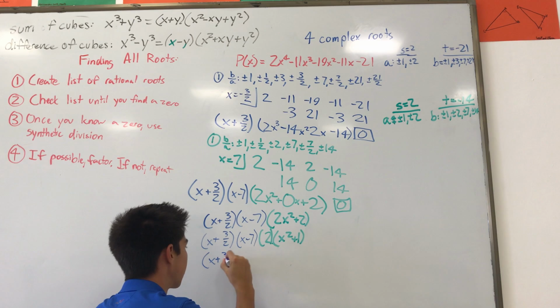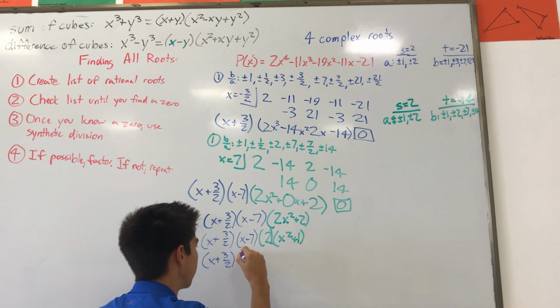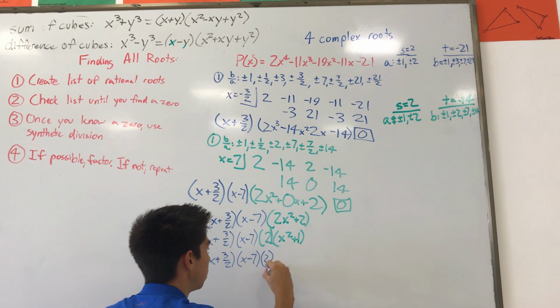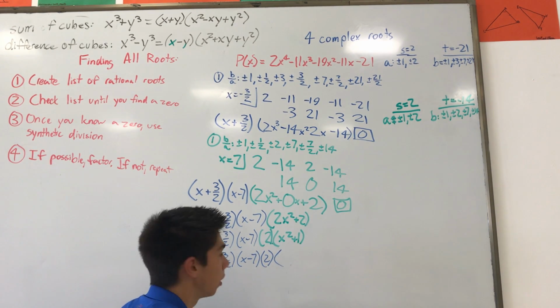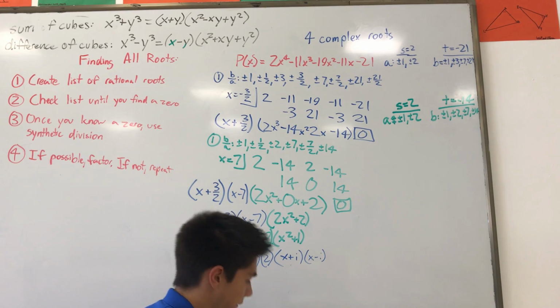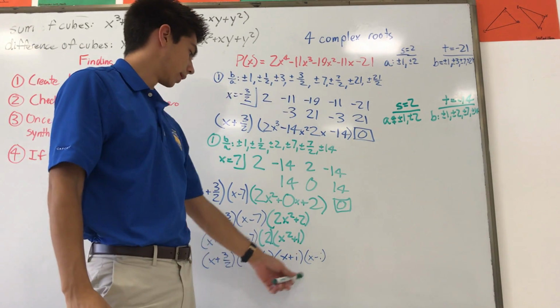So you can leave it like this. This is perfectly fine for what you guys are doing. X minus 7, and then 2, and then x squared plus 1 is just x plus i times x minus i. So if you did enough practice with imaginary numbers, you would be able to see that.